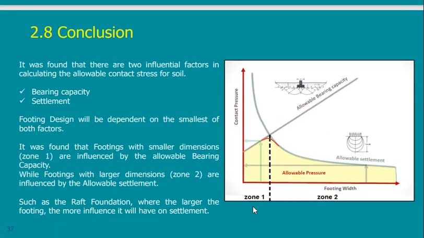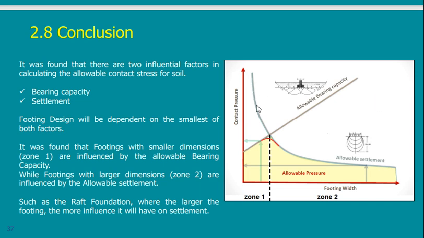It means that in this zone 1, when I have small footings, usually the number that, by the way, what is this line? This line is the curve fitting of all the numbers that I got from the calculation.